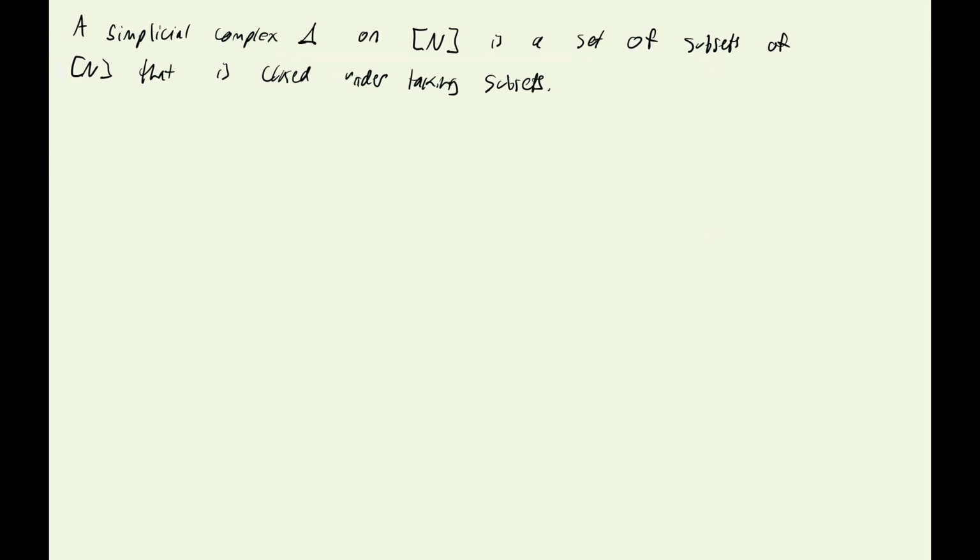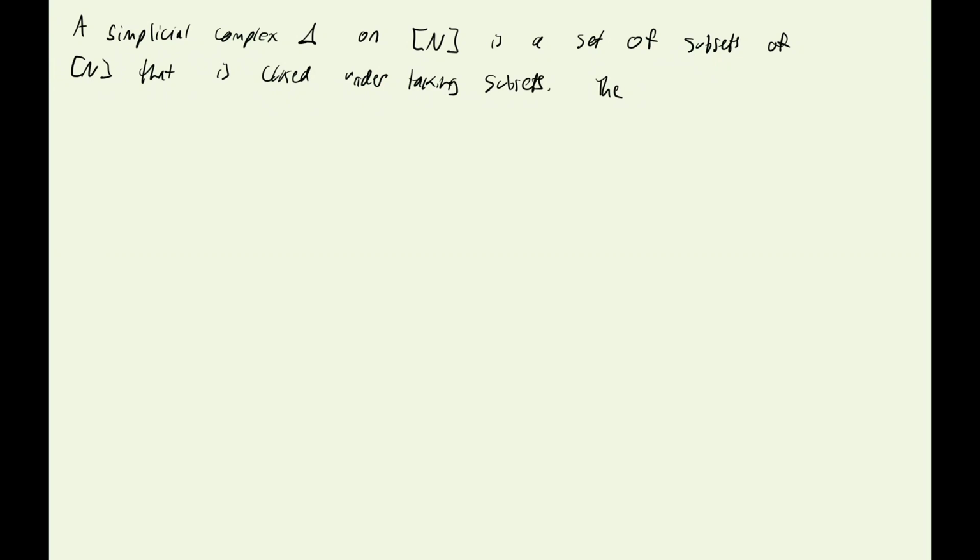So if I have 1, 2, 3, I have to have 1 and 2, 1 and 3, 2 and 3. I also have to have 1, 2, 3, and I always have to have the empty set. And so this is the set of integers from 1 to capital N, the same way that Frank defined it.